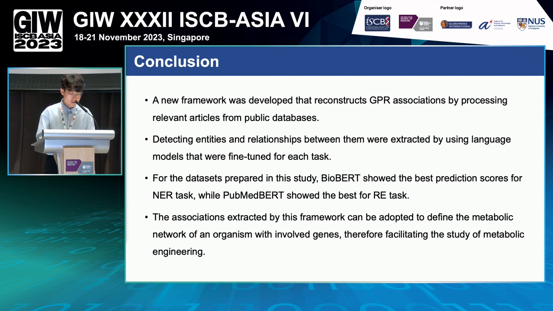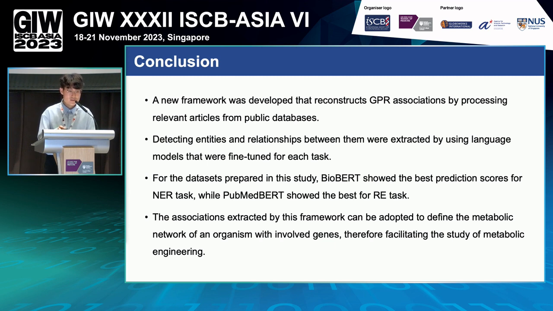In summary, we have developed a new system for extracting GPR associations by processing relevant articles from public databases, and we optimized the models for performing two natural language processing tasks.